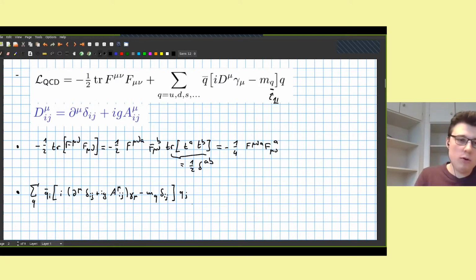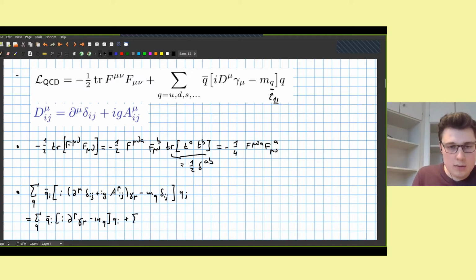So we could stop here. What we could do is separate out the δ_ij terms, which means that we can do a bit of simplification here. So we have then q̄_i (i ∂_μ γ^μ minus m_q) q_i, a simple scalar product here of q and q̄.